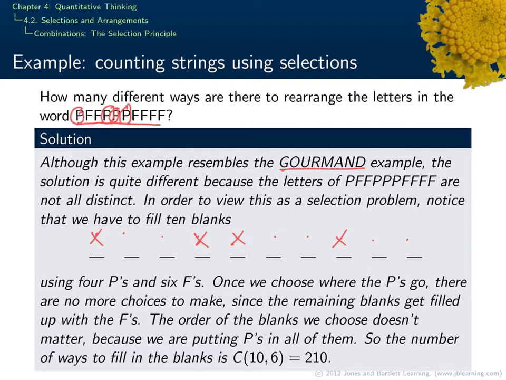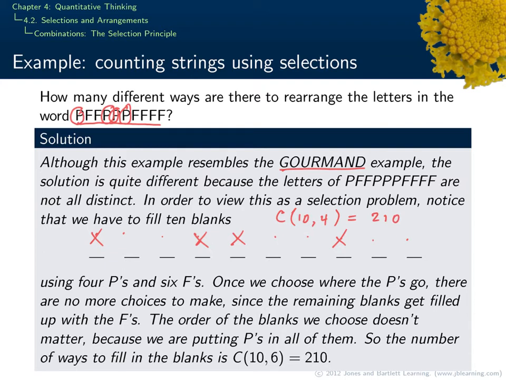And once we do that, everything else follows. And so the number of ways to rearrange this word involving P's and F's is going to be a selection of 4 locations from 10 locations. And you might remember from the last slide that this number is exactly 210.